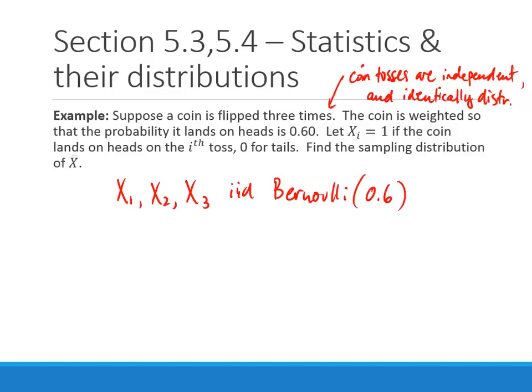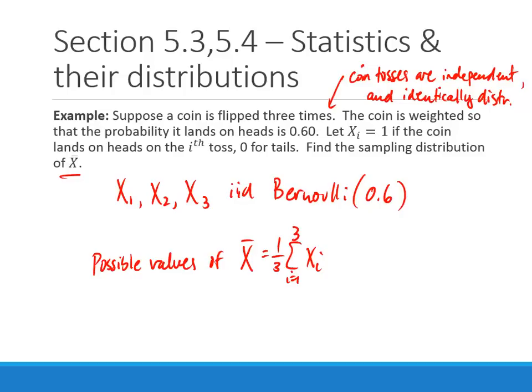So then I'm interested in the sampling distribution of x bar. So we need to figure out what possible values x bar can take on, and then the probability of each of those possible values. So what are the possible values of x bar, which is the average of those 3 coin tosses?